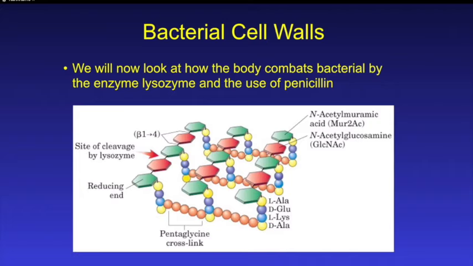If we are able to degrade that bacterial cell wall, then the bacteria can die when it's exposed to these extreme conditions. The two things that we're going to look at are lysozyme, a naturally existing enzyme in the human body that tends to react with the bacterial cell wall before it will enter into our bloodstream, and then the use of penicillin, which is a drug that was developed to combat the bacterial cell wall.